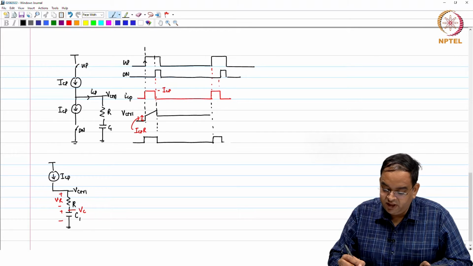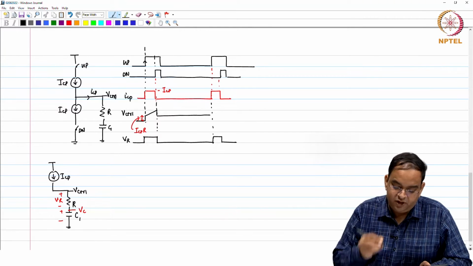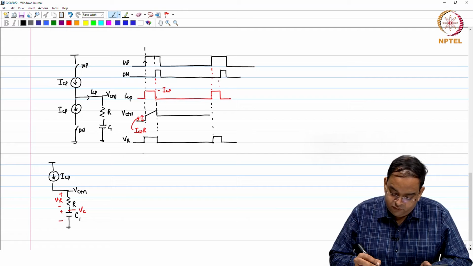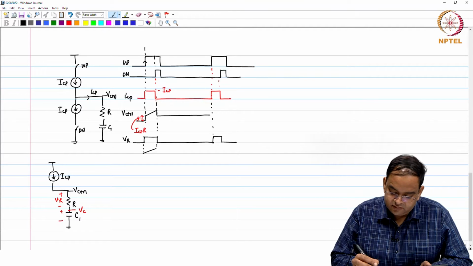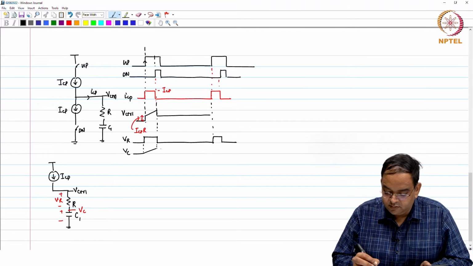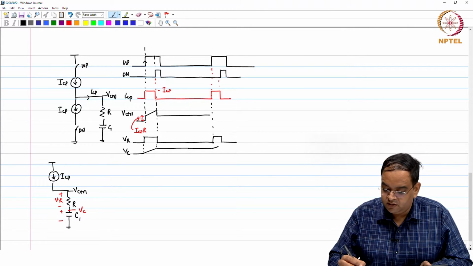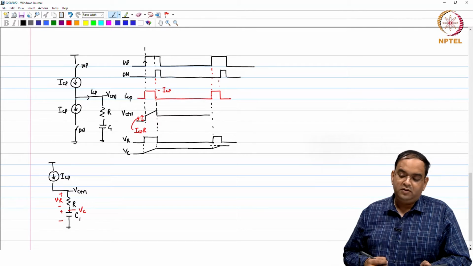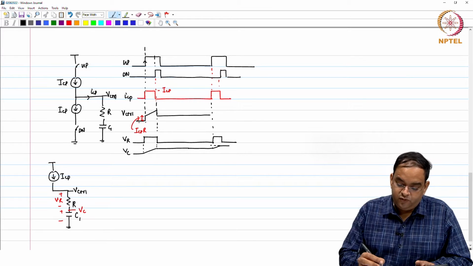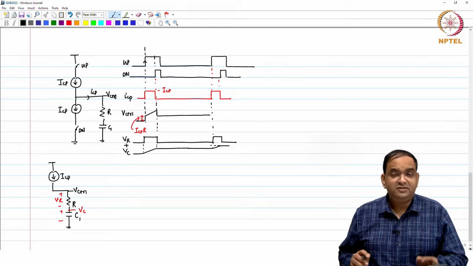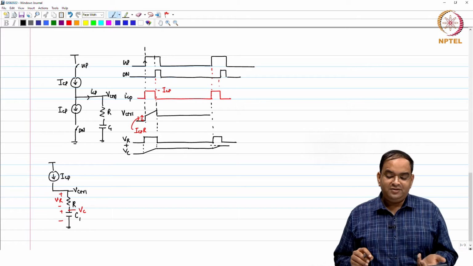So, you have a voltage like this, which is VR, the voltage across the resistor, and the voltage across the capacitor is something like this. Voltage across the capacitor changes slowly, right, and V control is VR plus Vc. So, what is the problem with this?